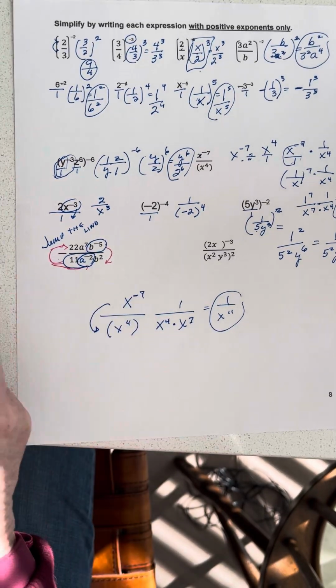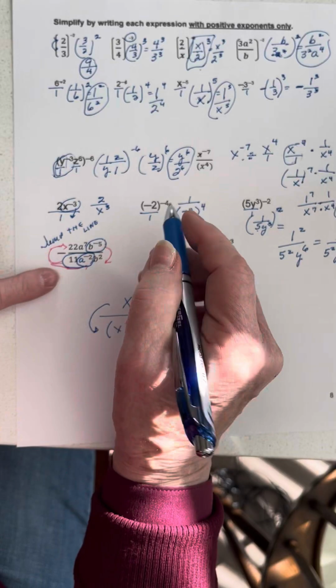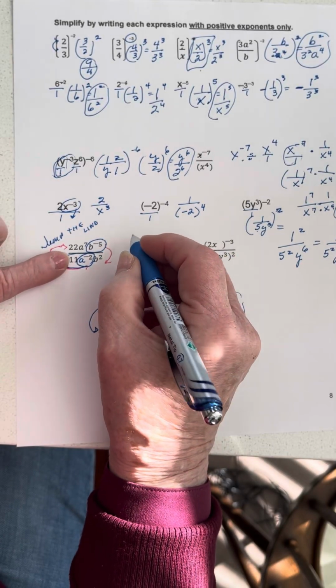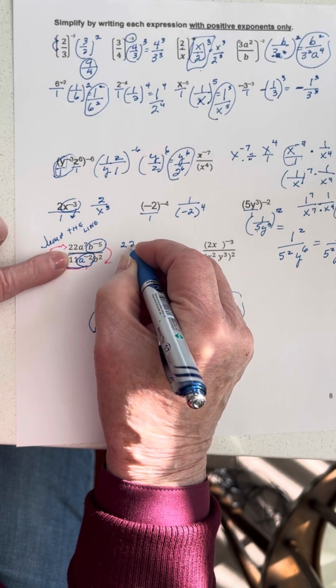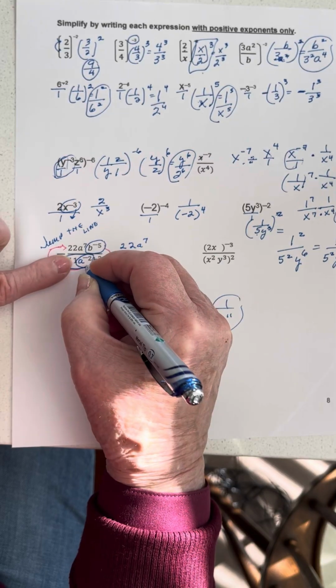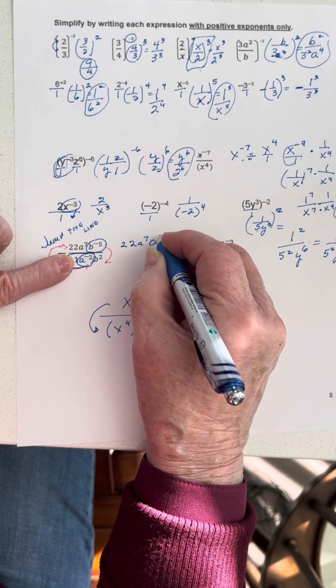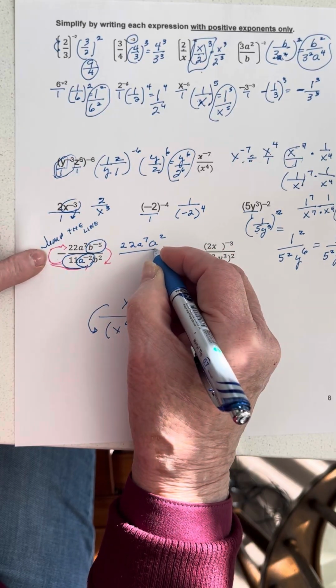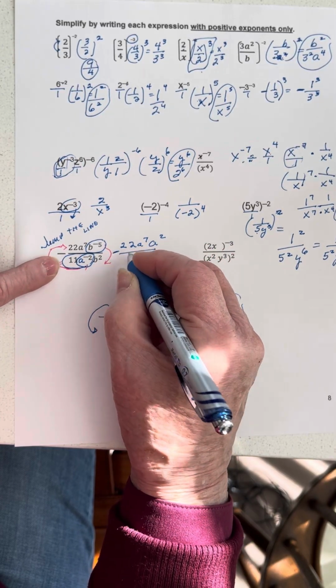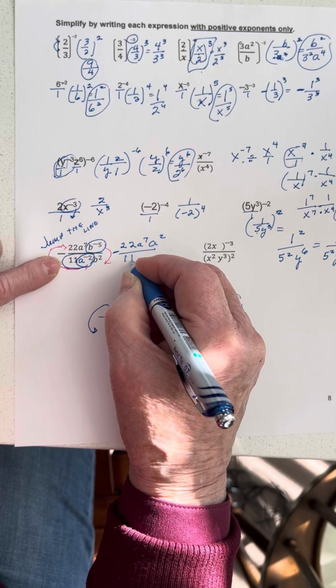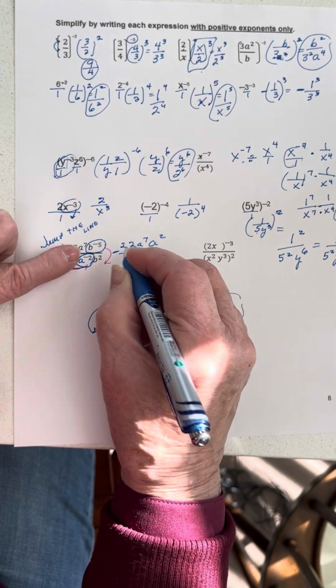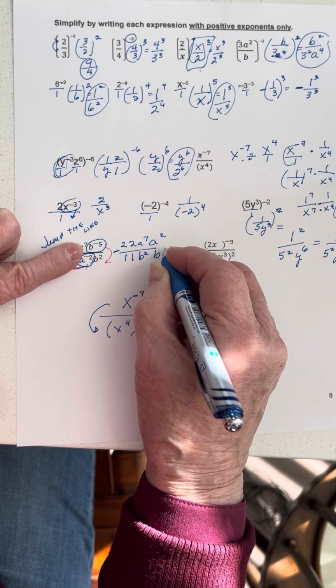Okay, so let's write that out. We've got 22 a to the 7th, and we're jumping a to the negative 2nd up here. And then on the bottom, this is negative, so we have 11, and we have b squared, and now we're jumping this one down.